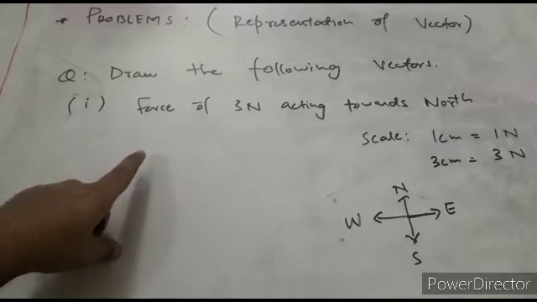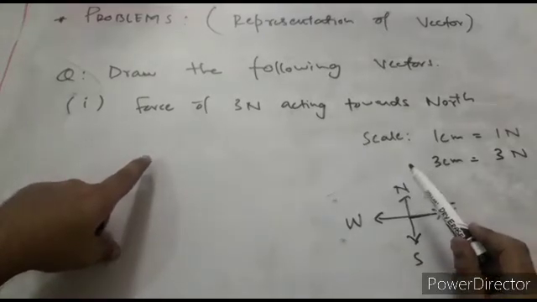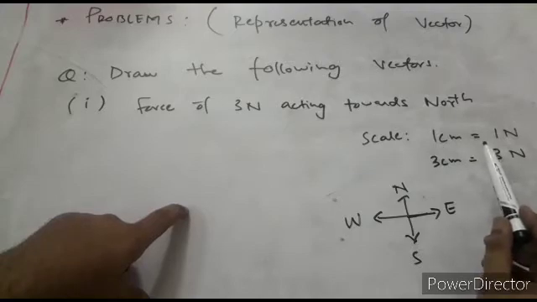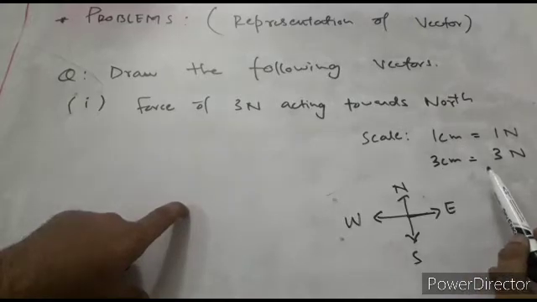You have to draw this vector graphically, and for graphical representation we first select a scale so that we can draw this on a paper. I take 1 centimeter equals 1 Newton to represent the magnitude of the vector. So a 3 centimeter line will represent 3 Newtons.